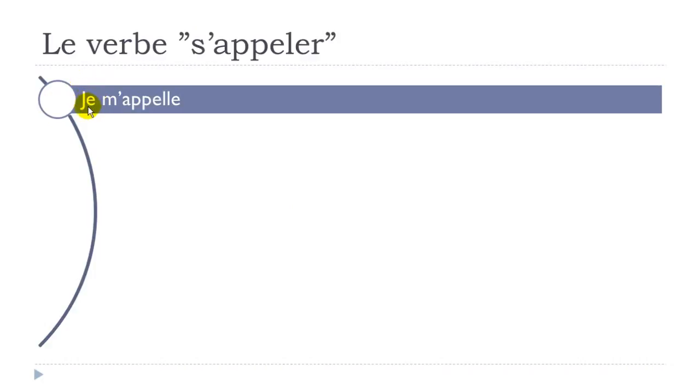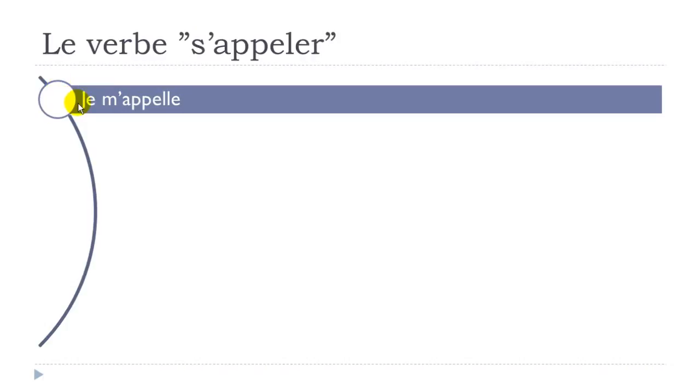So je is like I. Okay, and then basically the verb appeler means to call. Okay, so without this s, appeler is to call. Okay, and then when you add this s here, and then if you transform it like in this form, I call, and this is a pronoun, it's like me, so it's like I call myself. So it's just the way we've got in French to introduce ourselves.